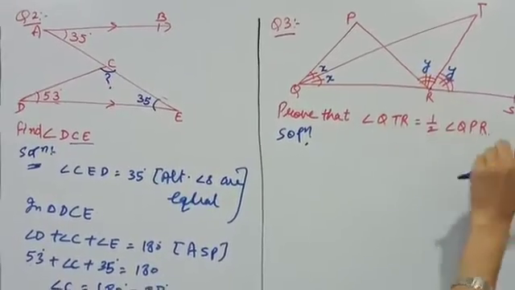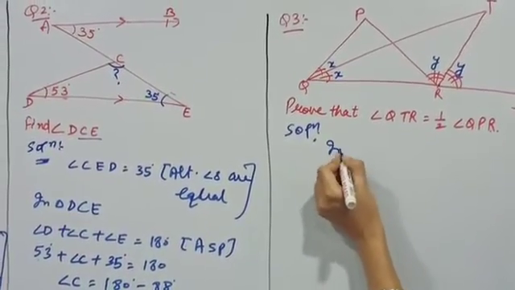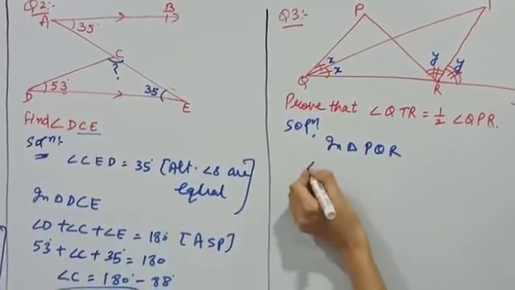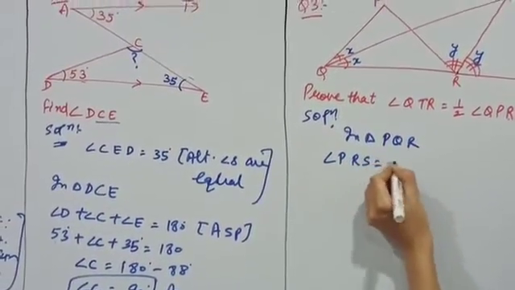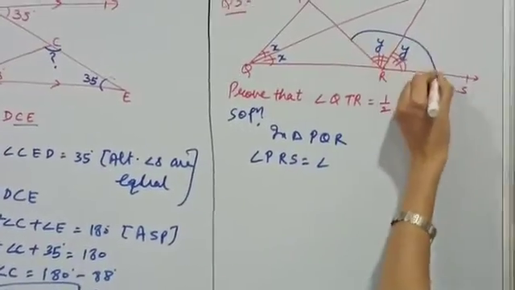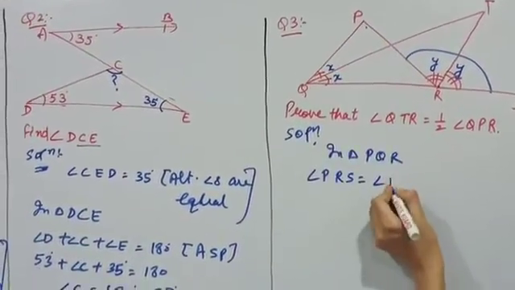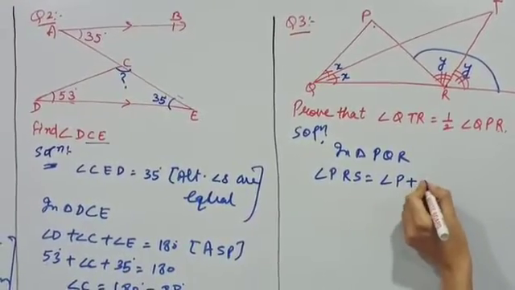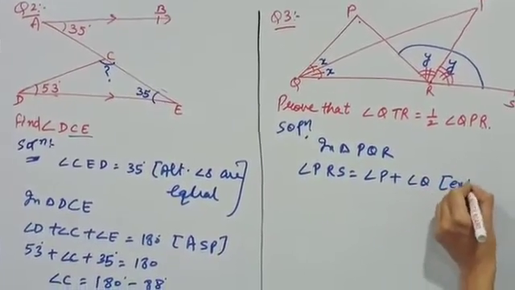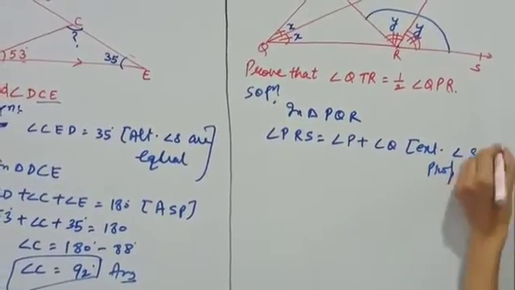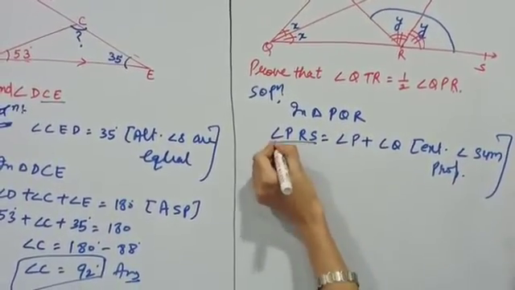Now by using the exterior angle property in triangle PQR, angle PRS is equal to the sum of the opposite interior angles, so angle P itself and angle Q. Here we write the exterior angle property.